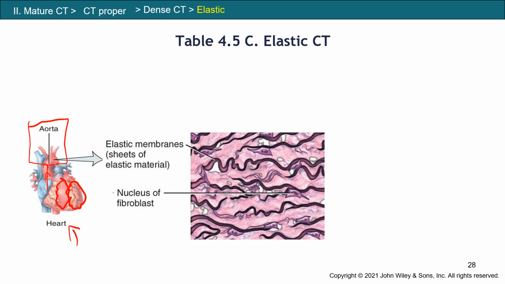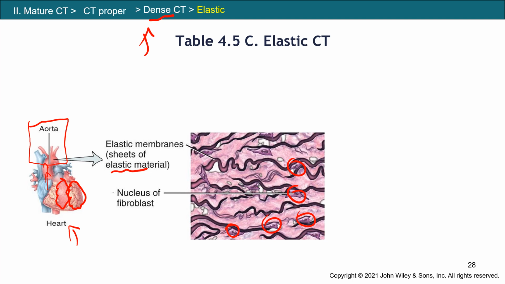So to do that, we will need to have a lot of fibroblasts. All the dense connective tissue that we have talked about will have lots of fibroblasts. But instead of having a lot of collagen, here what we are going to have is elastic material. So we're going to have a lot of elastic fibers.